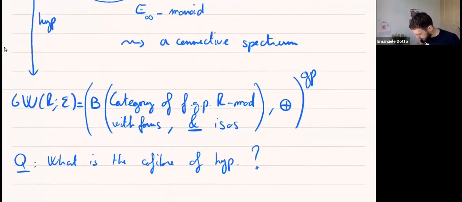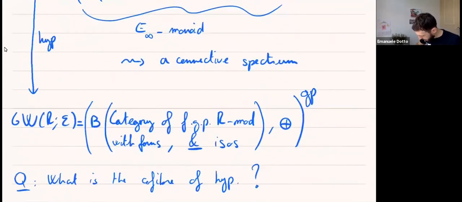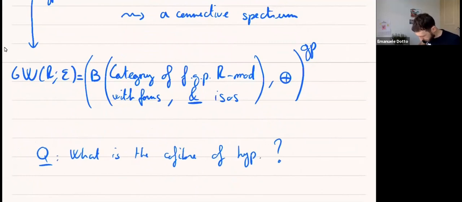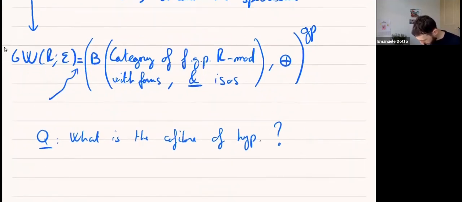And maybe I should say, this Grothendieck-Witt spectrum was constructed, roughly this way, by Karoubi and Villamayor.